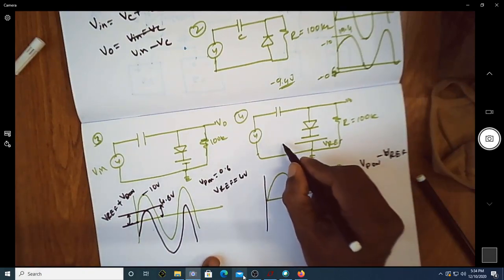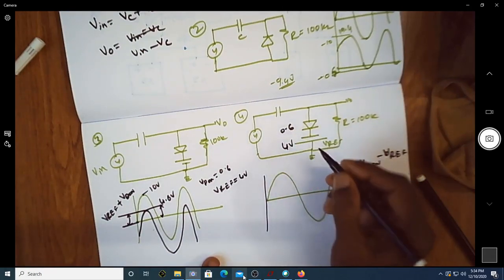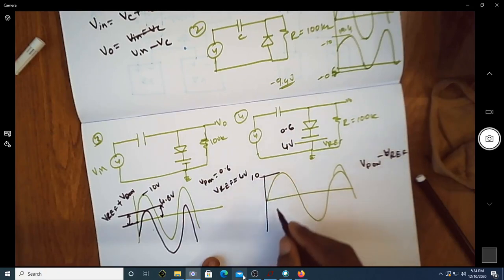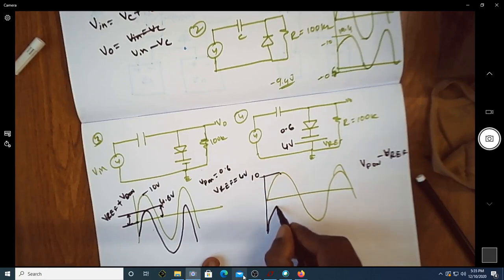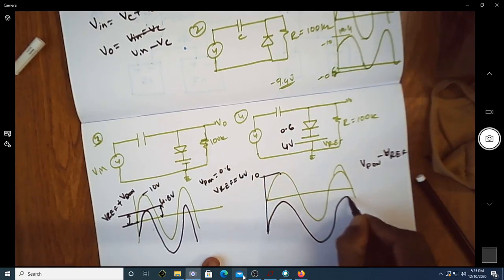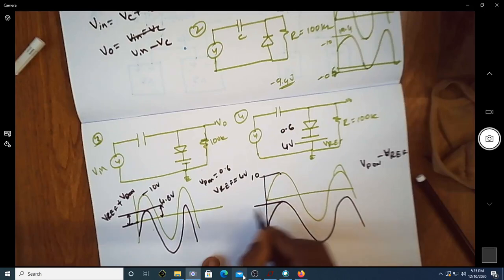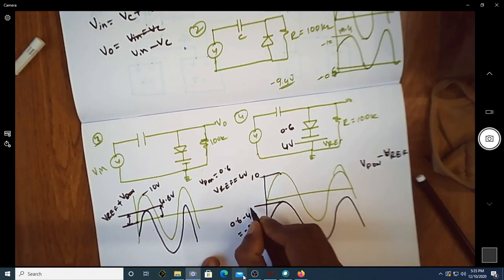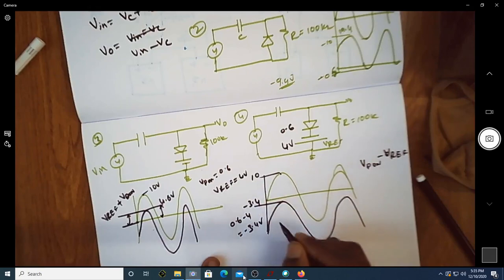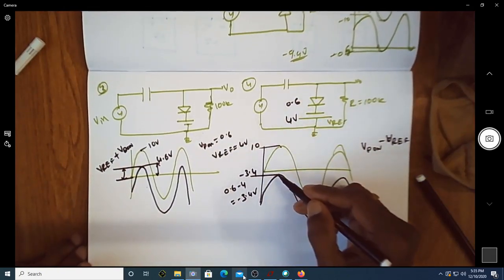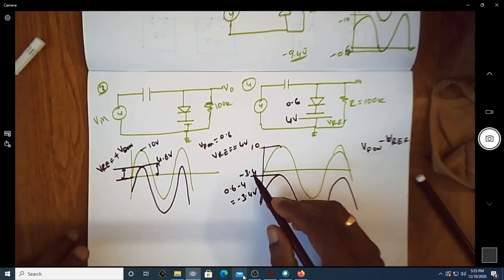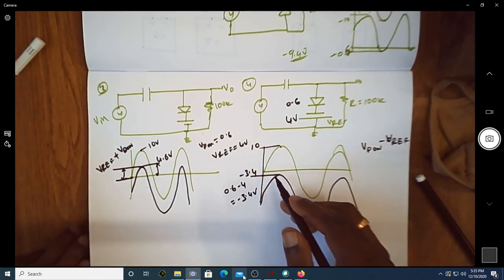In the same lines, if this is 4 volt and 0.6 volt, this is again 10 volt. So this positive peak will be clamped to a level which is now negative. This level will be VD on, 0.6, minus 4, which is now minus 3.4 volt. It is not minus 4.6, but minus 3.4 will be the clamped voltage.